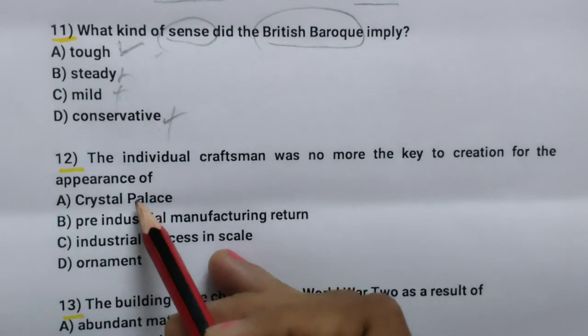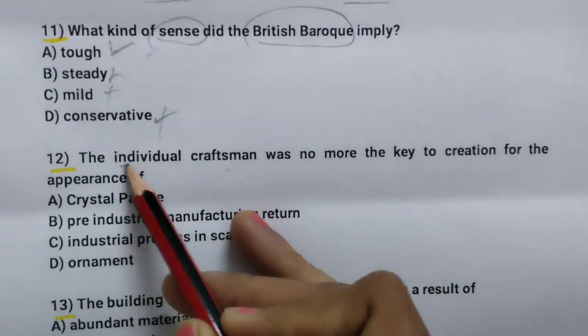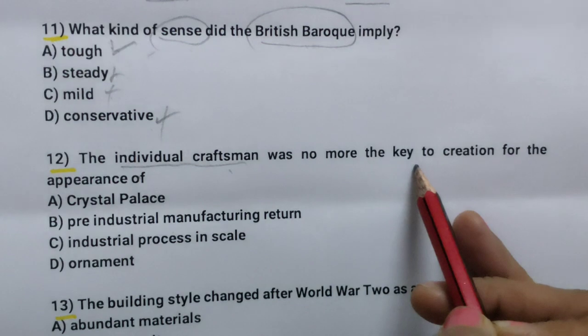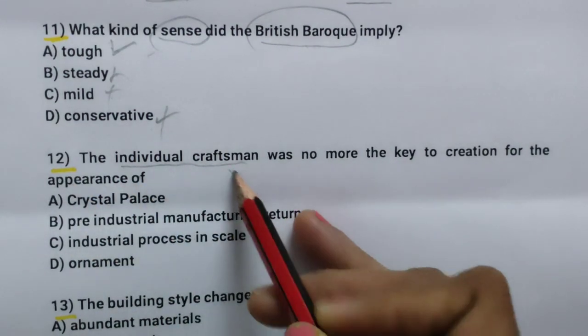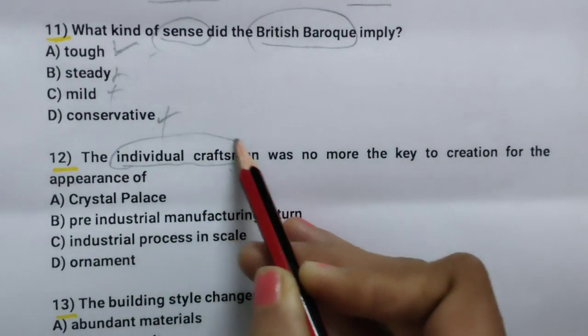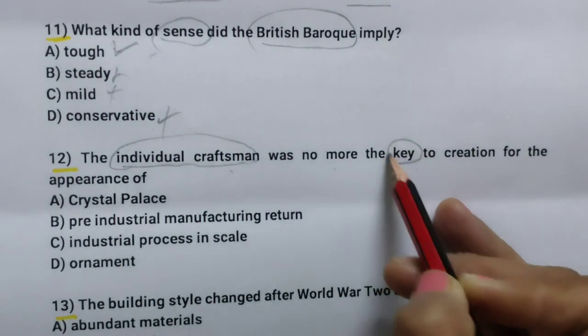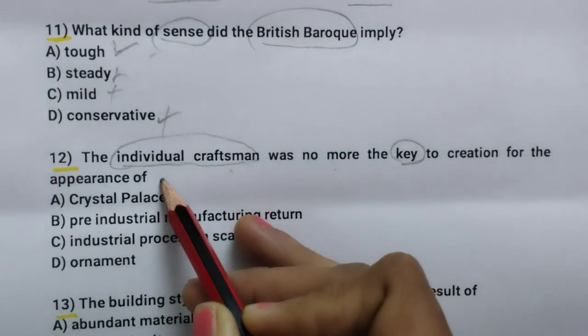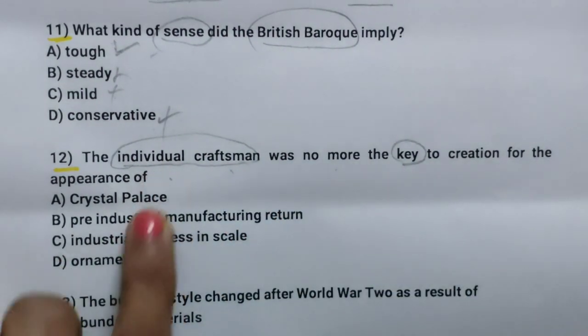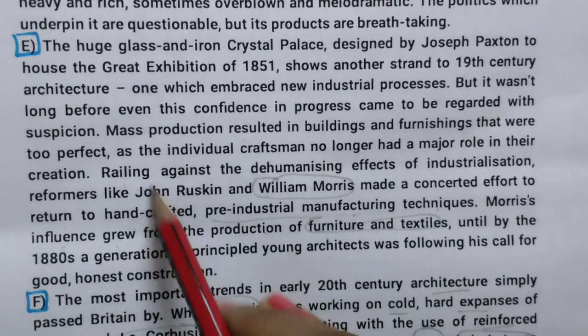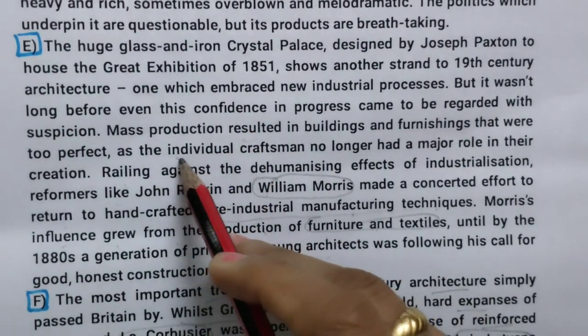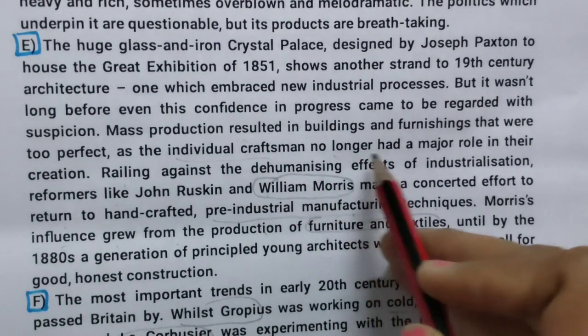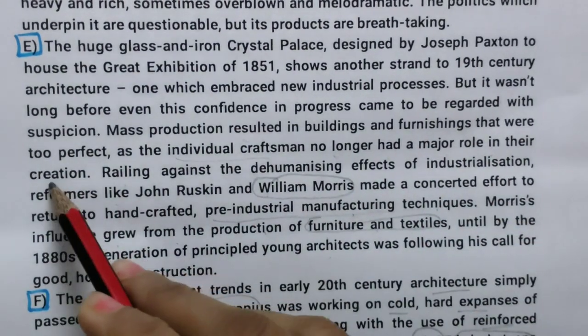Okay, 12th: the individual craftsman was no more the key to creation for the appearance of. Now we have to find this word. Here in the next paragraph I have found: individual craftsmen no longer had a major role in their creation.